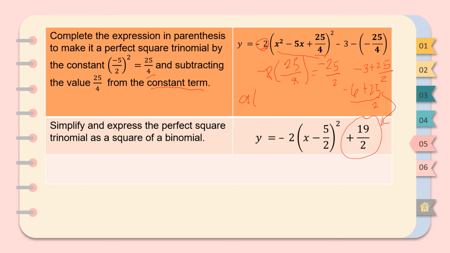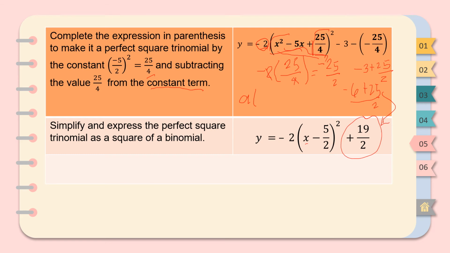Kaya po naging 19 divided by 2. Kasi ito naman is a perfect square trinomial na square root of x squared, that is x. Tapos square root of 25 divided by 4, that is 5 divided by 2. Ang second term po natin ay negative, kaya negative sign po siya. Squared. Kaya po nakuha yung 19 divided by 2, katulad ng sinabi ko kanina.